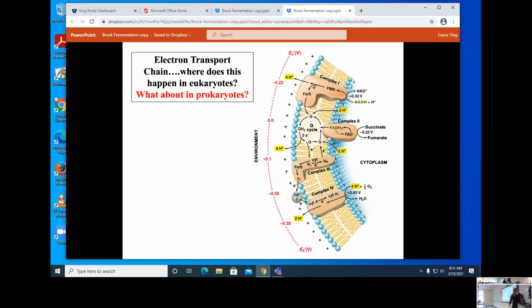But what's kind of different is the proteins that pump protons by that electron energy, those are a little bit different than the eukaryotic ones.